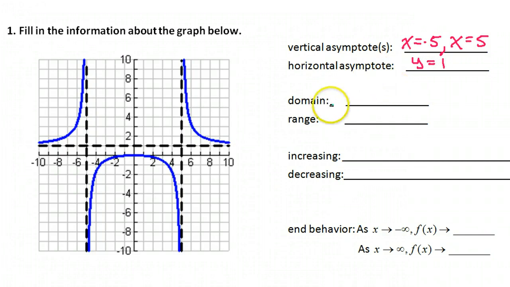Now the domain. The domain is the x values of a graph, so we look left to right. The domain for this graph includes all real numbers except for these vertical asymptotes. Every x value is represented except -5 and +5. So we can do that in 3 pieces. This part of the domain comes in from -infinity to -5.